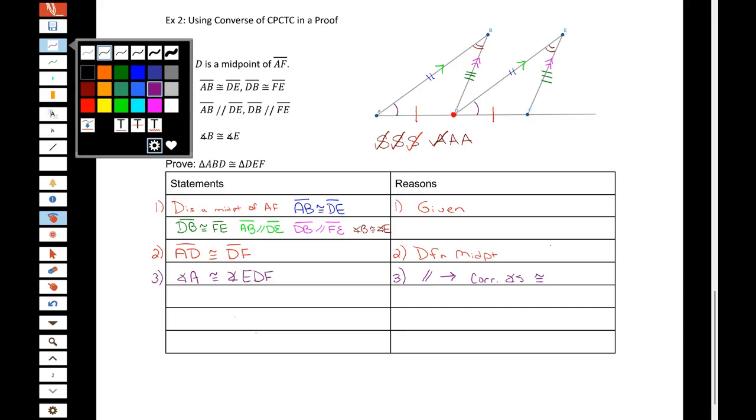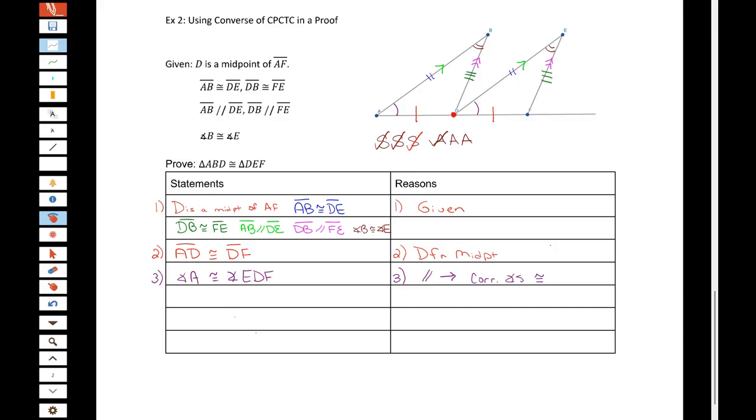Okay, and last but not least, if I mark these parallel lines using the same line as a transversal, I can see that I have another set of corresponding angles there. Okay, so step 4, angle EFD is congruent to angle BDA, going in order of matching parts, for the same reasons.